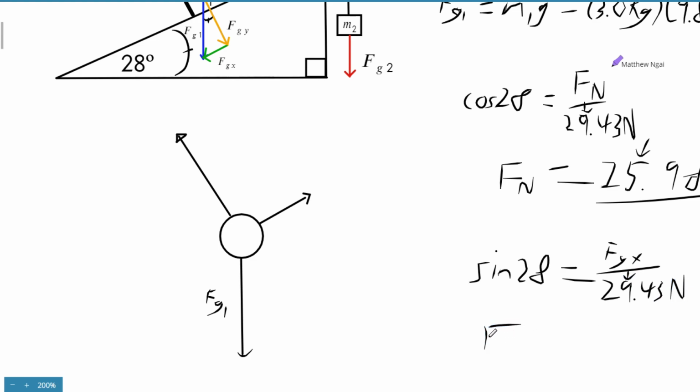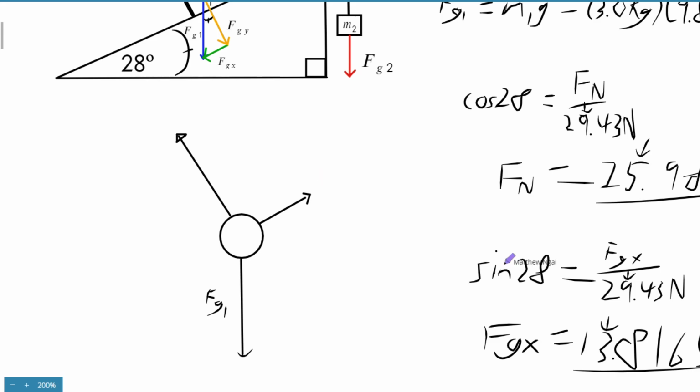Then we have FGX equals sine 28 times 29.43. That's 13.8165 to 2 sig figs again, newtons.